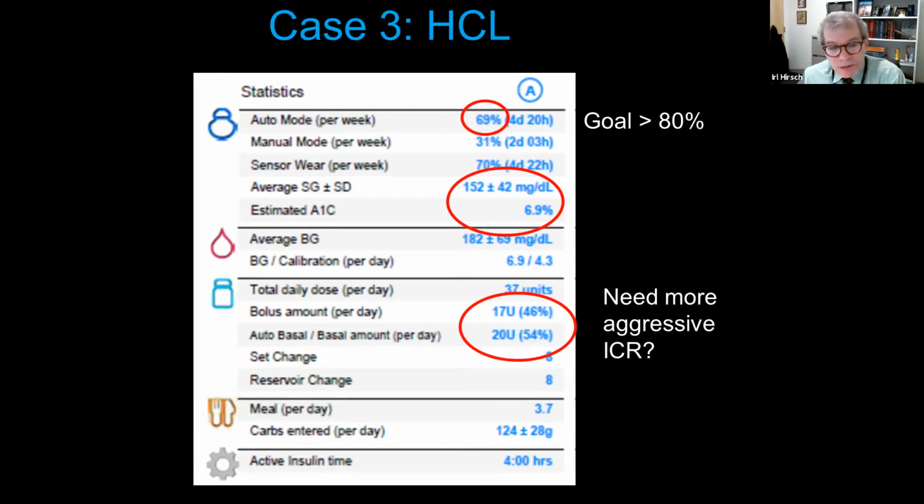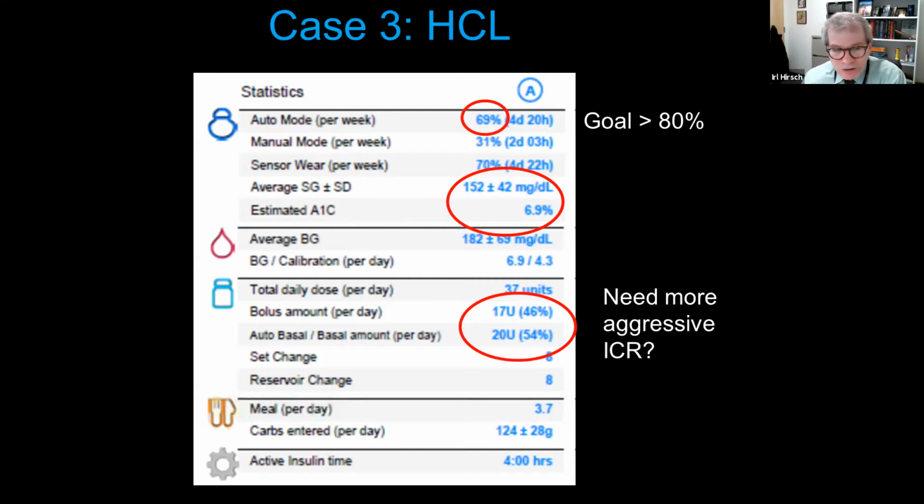But the question is, what should the bolus basal ratio be? Now, what we used to teach over the years is that it should be about 50-50 basal bolus. But what we've learned with this hybrid closed loop and other hybrid closed loops and other technology is the 50-50 ratio is probably not right for most people if they are on an isocaloric diet.